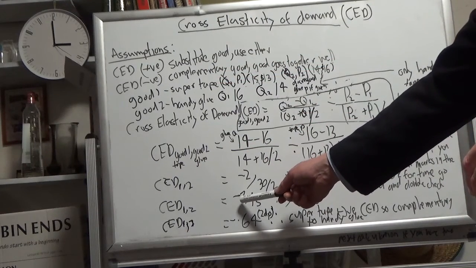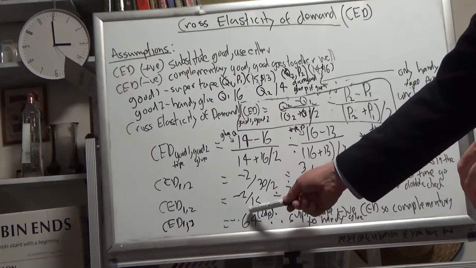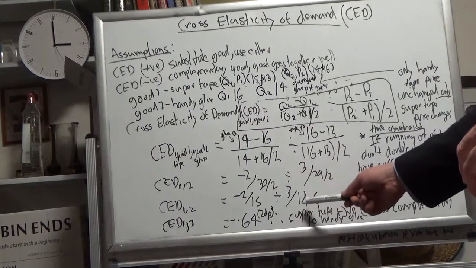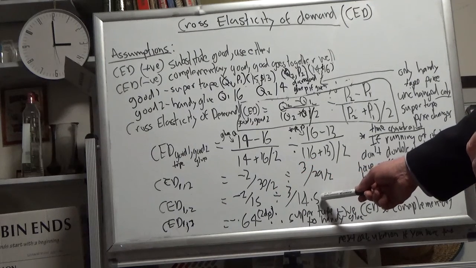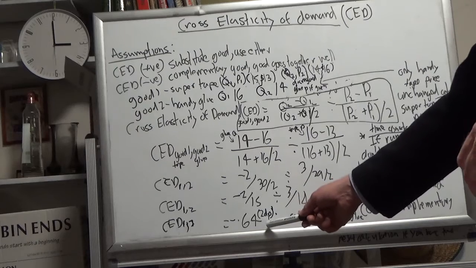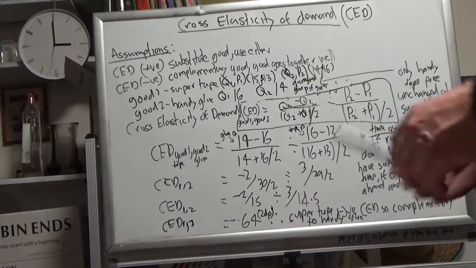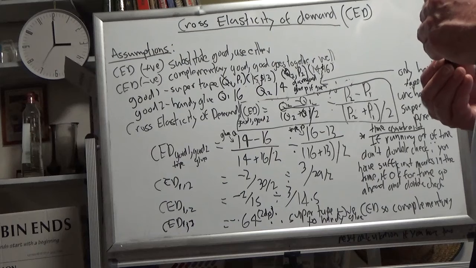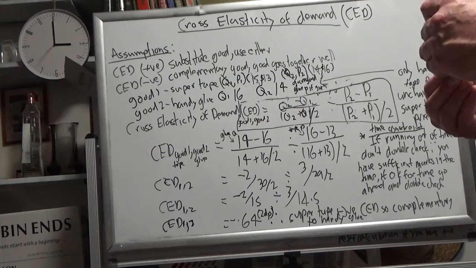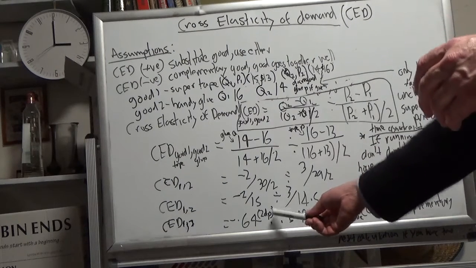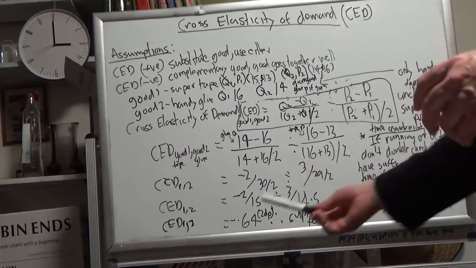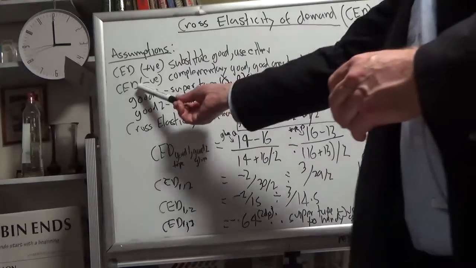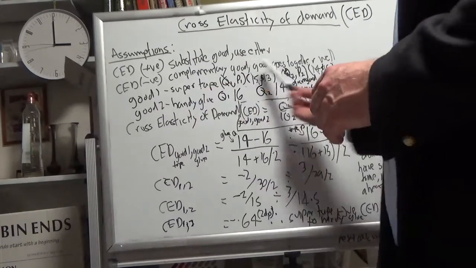Put the numerator calculation first, minus 2 over 15, divided by memory recall. And then you get that figure, minus 0.64, I should say, to 2 decimal places. So that's a negative figure for cross elasticity of demand.